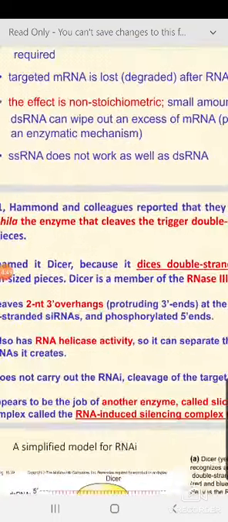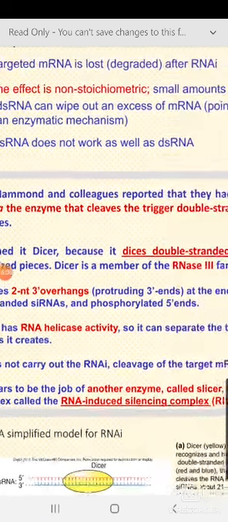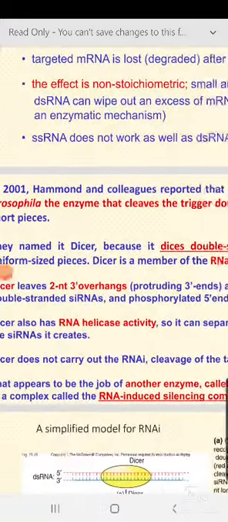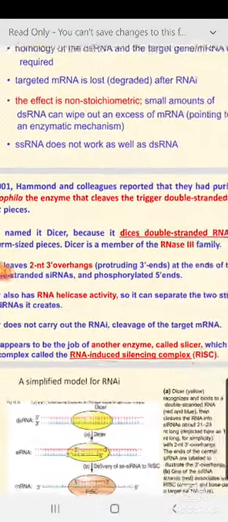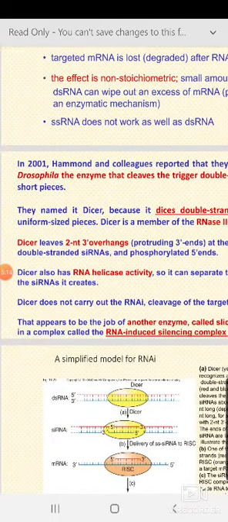Now let's come to further details. In 2001, it is not a very old mechanism. It's a recent discovery, well, we should not say recent, but 2001, the early 2000s. This is the discovery: Hammond and colleagues reported that they had purified from Drosophila the enzyme that cleaves the trigger double-stranded RNA into short pieces. So I started telling that we need a double-stranded RNA which will go inside, and some nuclease I mentioned will degrade it into small double-stranded RNA, which we call siRNA.